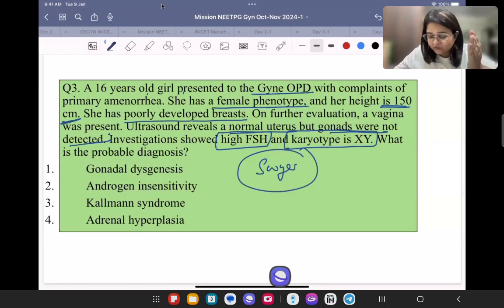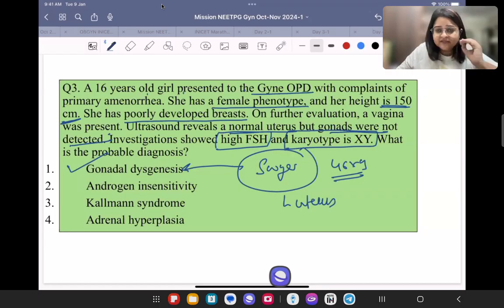But Swyer, we know, is a type of 46XY gonadal dysgenesis. So Swyer will have a uterus, but the gonads are dysgenetic. And because the gonads are dysgenetic, they're not functional. What's going to happen? Estrogen will be less and FSH, LH are going to be high. So this is what gonadal dysgenesis is.